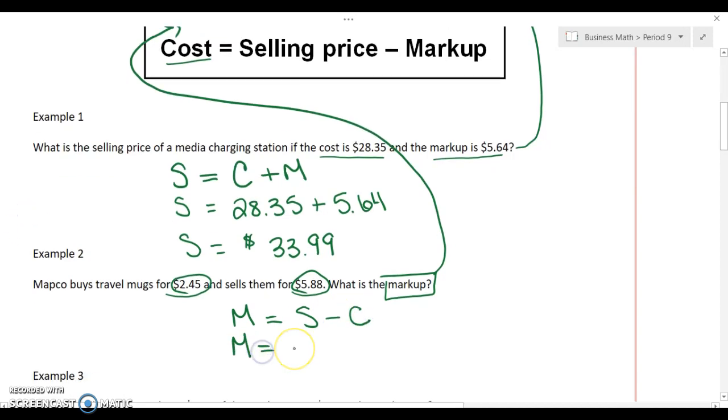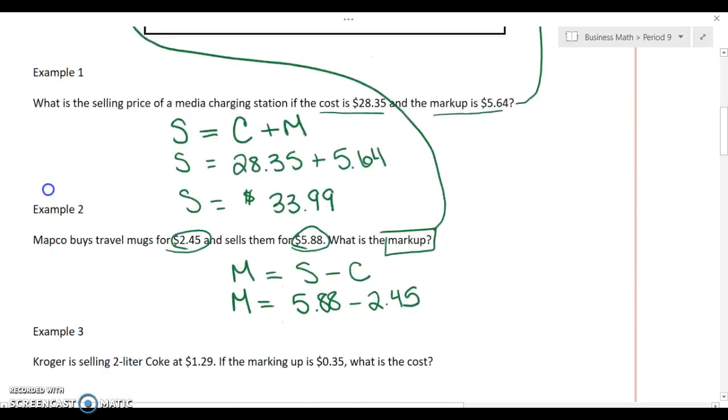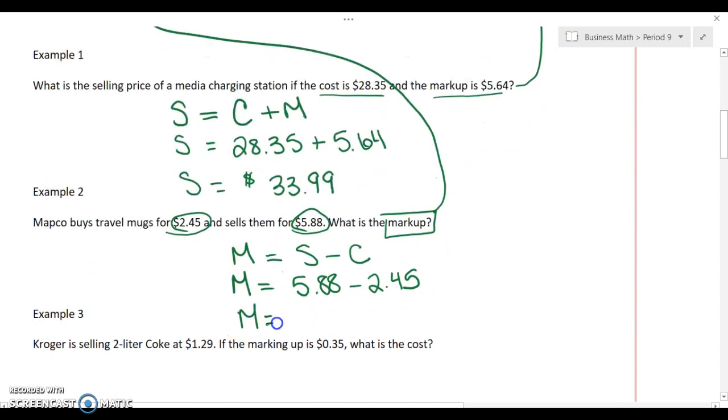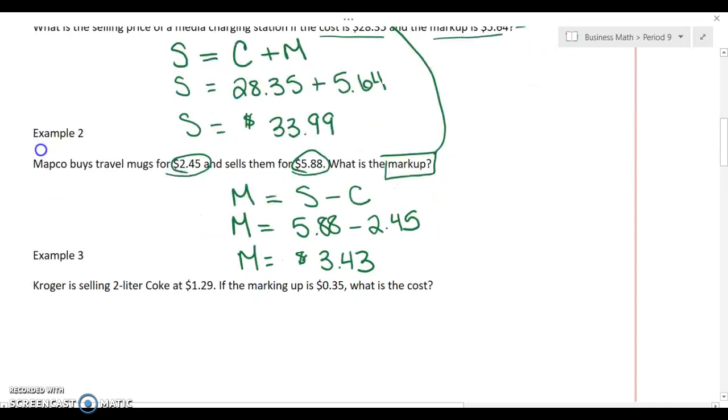What is our selling price? It says he sells them for $5.88 and he buys them, which is your cost, at $2.45. So what is he marking them up? $3.43.